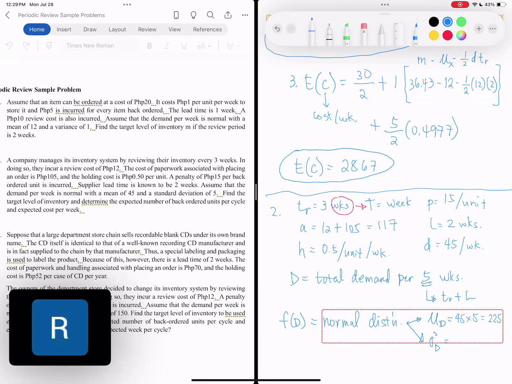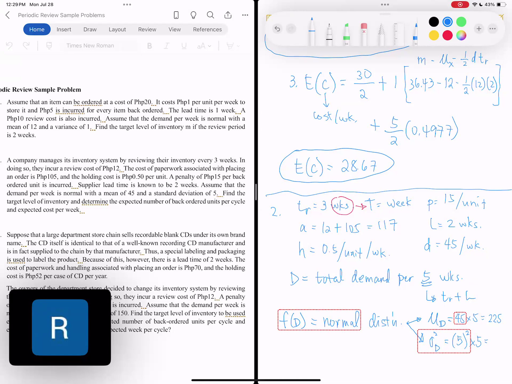The given to you is standard deviation is 5. To get the variance per 1 week, you square it. To get the variance for 1 week, you square the 5, which is 25. And then to get the variance for 5 weeks, you multiply this by 5. Do you follow?